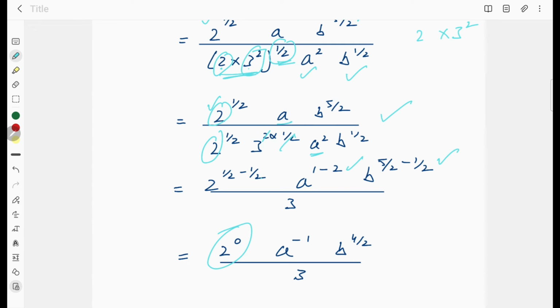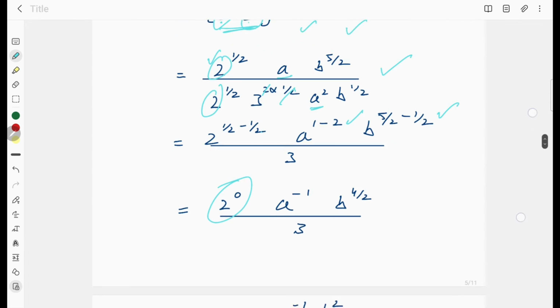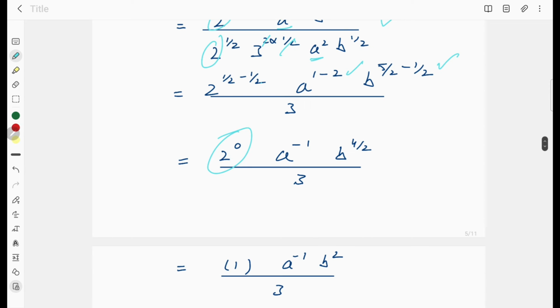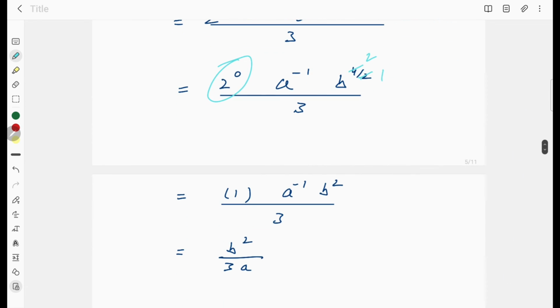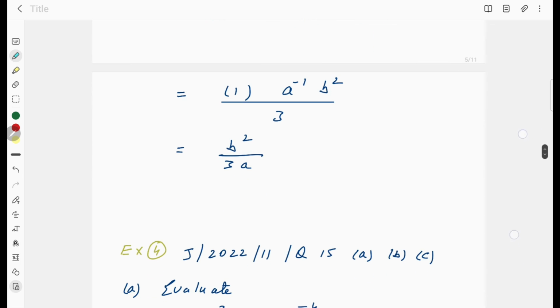And anything raised to the power 0 is 1. So 1 multiplied by a raised to the power minus 1, b square, because 4 and 2 get cancelled. And since you have to write your answer in positive exponent, so a will come in the denominator, and this is your final answer.